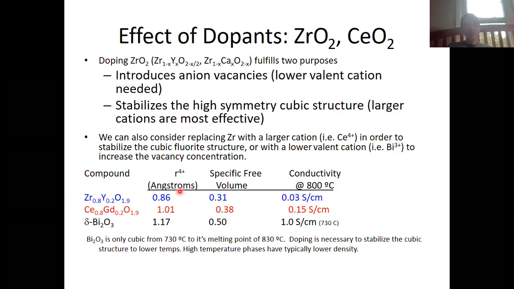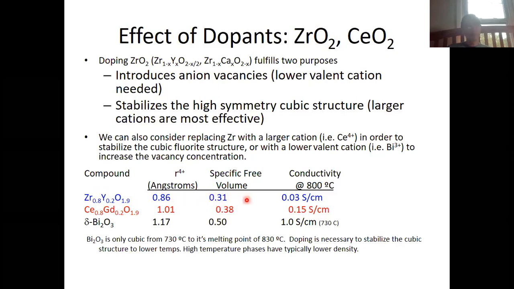So you see the effects of the ions summarized here. In this case, we have yttrium doping of zirconia. The zirconium 4 plus has a radius of 0.86 angstroms, and the overall free specific volume within that structure is 0.31.